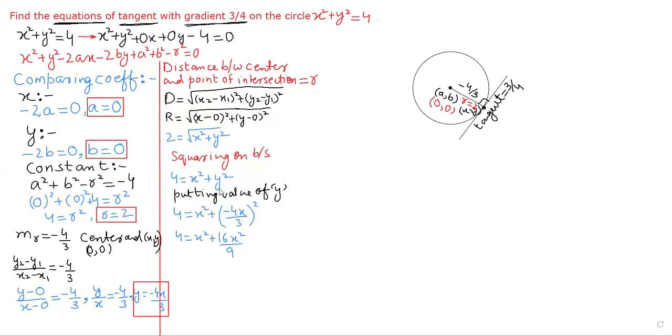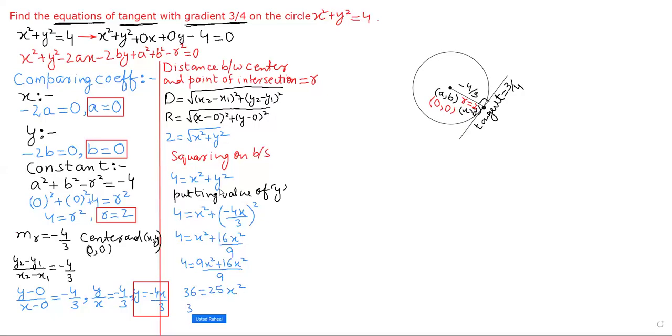So let's take LCM. 4 equals to 9x square plus 16x square over 9. So shifting 9 on the other side, this will become 36 equals to 25x square.